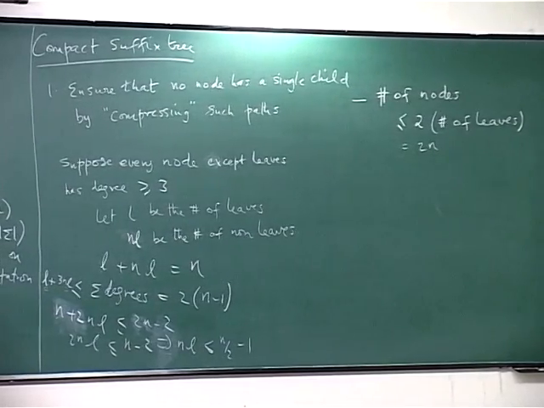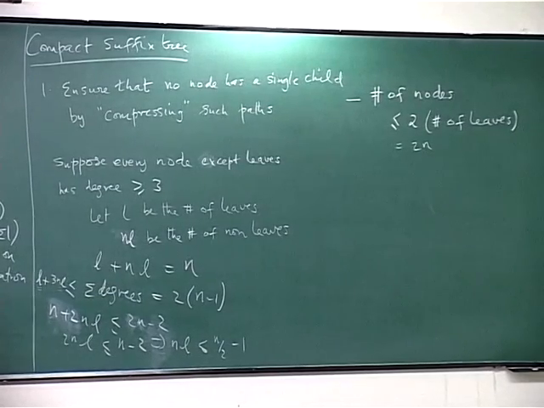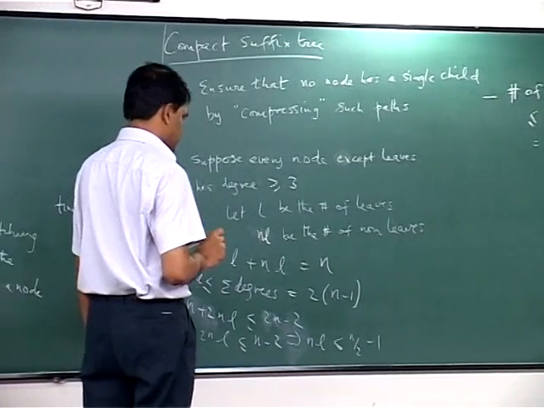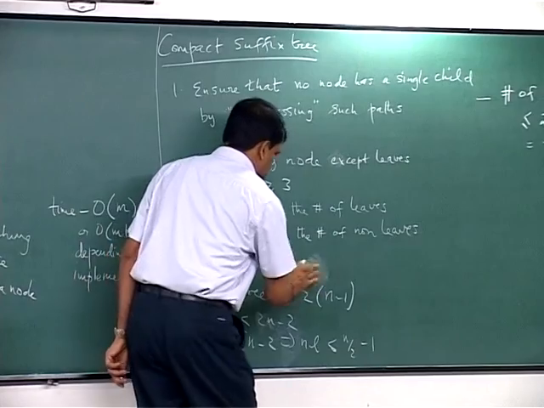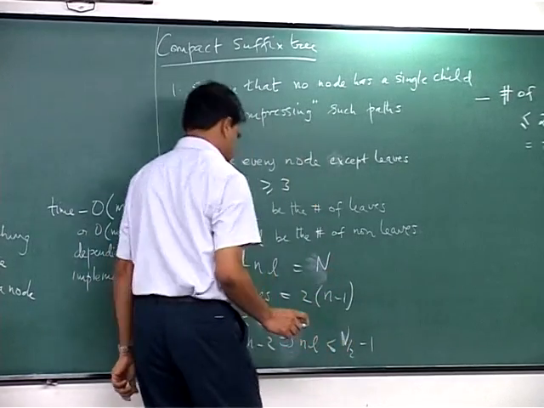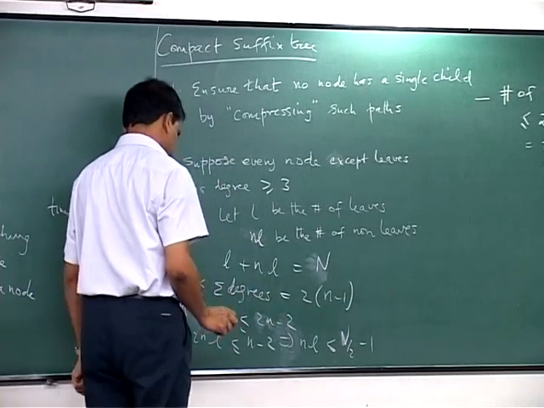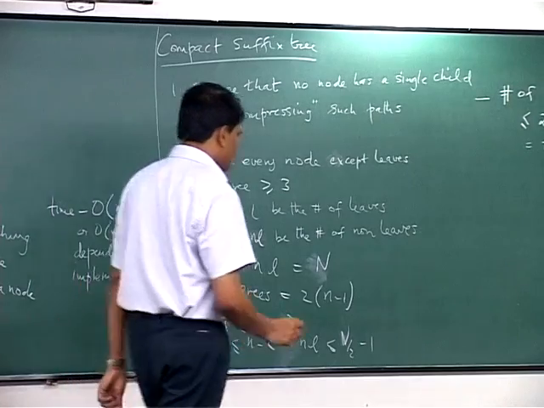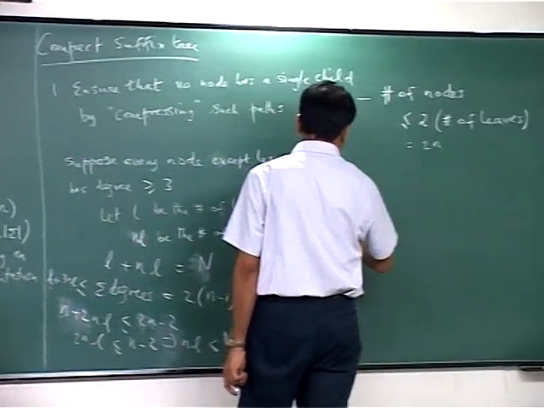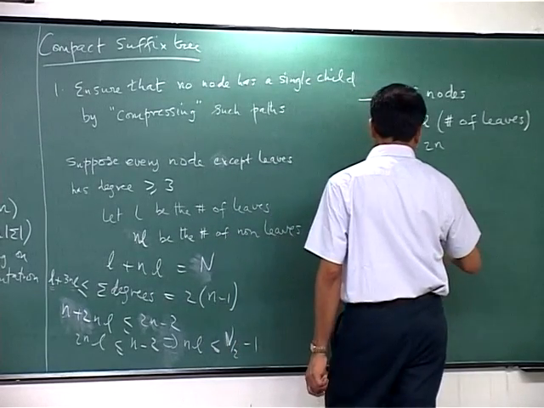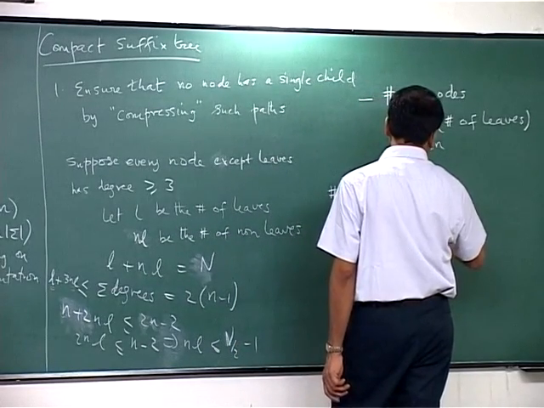I'm overloading the word n here because I also said n is the number of leaves, so let's write the total as capital N. So the number of non-leaves is at most the total number of nodes divided by 2.